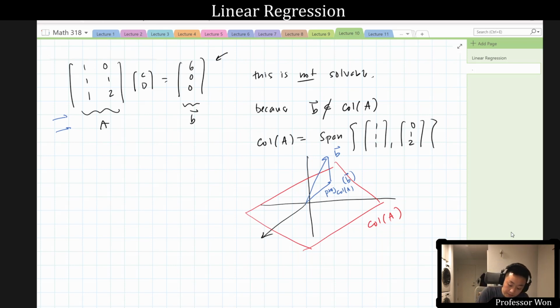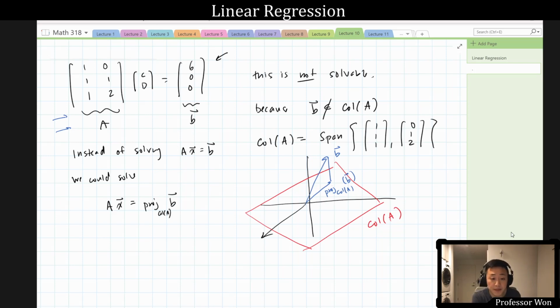So instead of solving this system, Ax equals b, which is not solvable, we could instead solve the system Ax equals the projection of b onto the column space of A. And because I projected onto the column space of A, this system will definitely have a solution. Call this solution x hat.